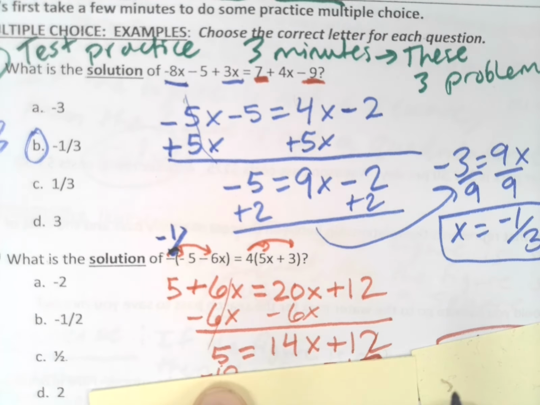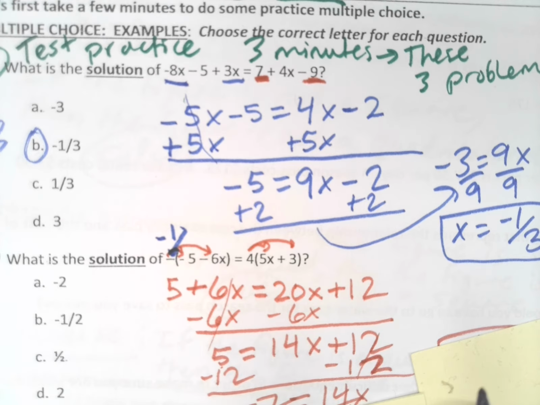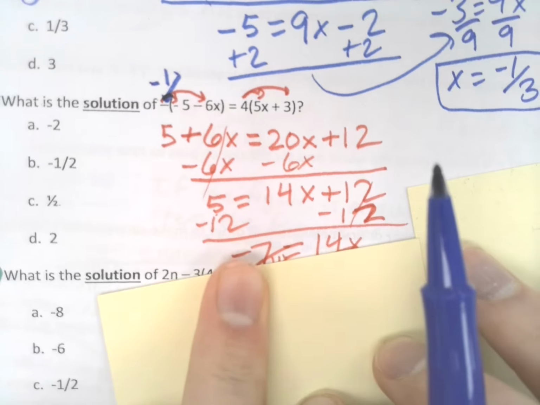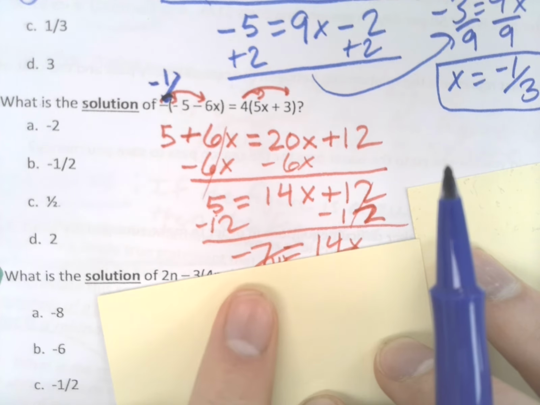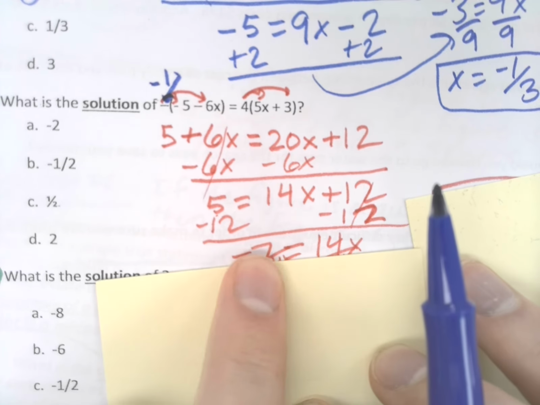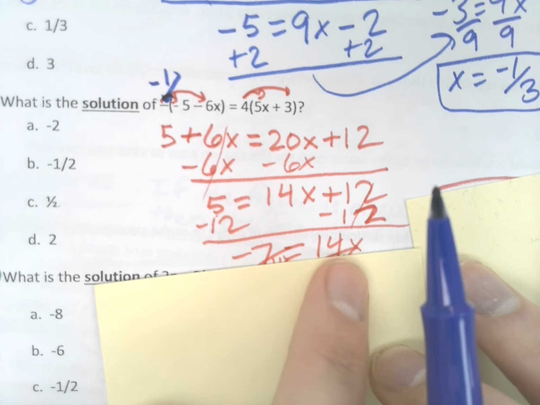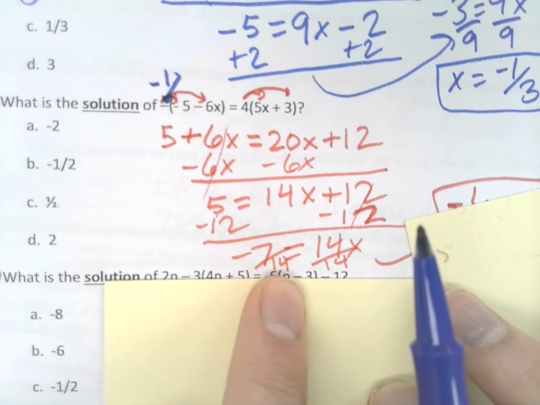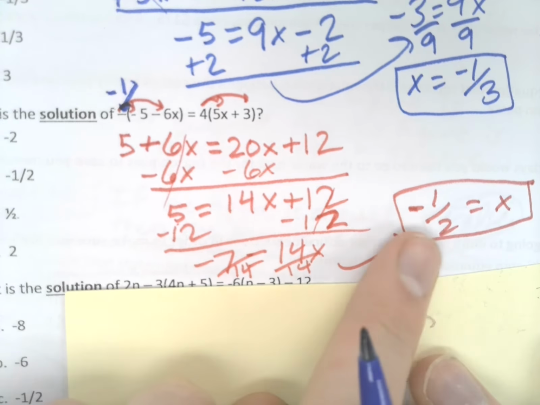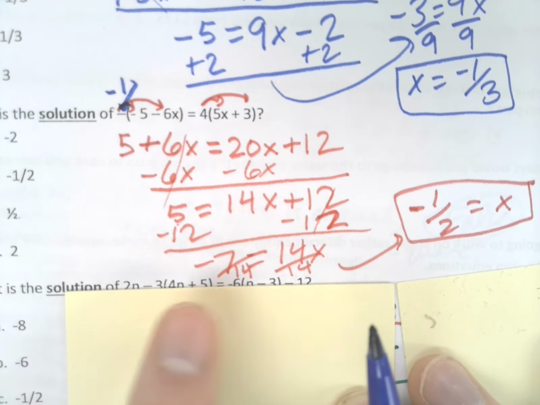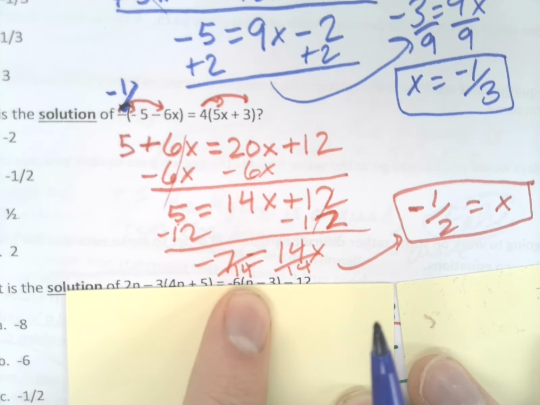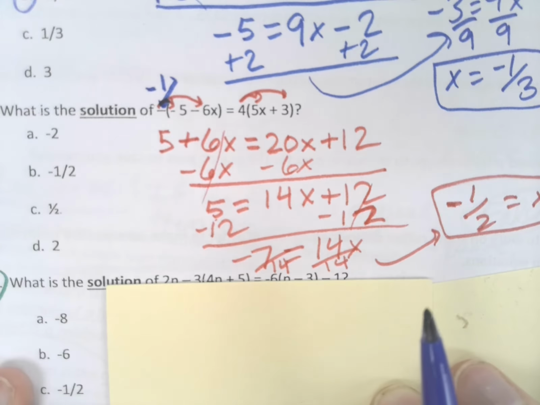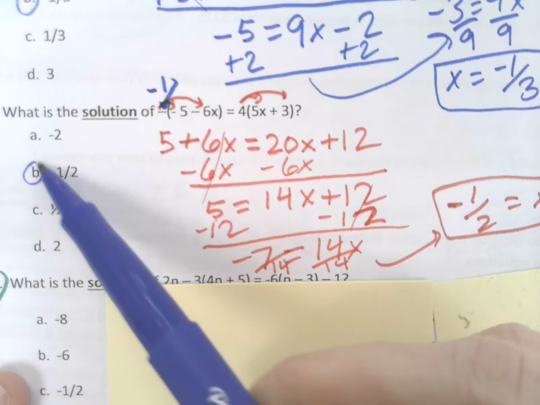So subtract 12 over. 5 minus 12 gives you negative 7. So we have negative 7 equals 14x. Divide by 14 cancels, and negative 7 divided by 14 is negative 1/2, because 7 is half of 14. So that would be B as well.